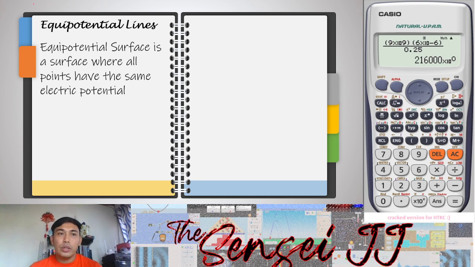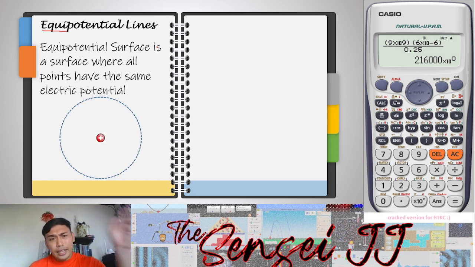Equipotential lines. So when we say equipotential lines, it is a surface where all points have the same electric potential energy. Okay, so for example, we have here our charged particle, and eto yung nasasakop ng kanyang charge. Okay.